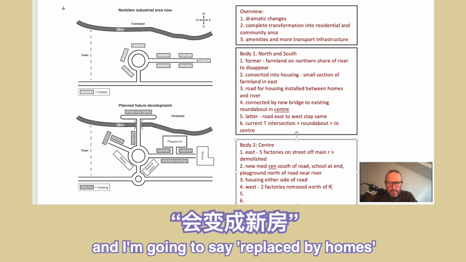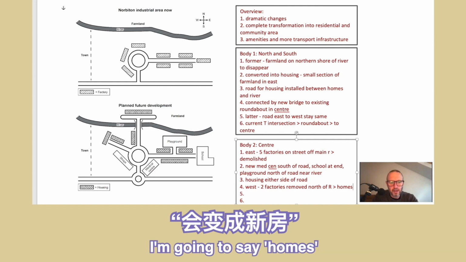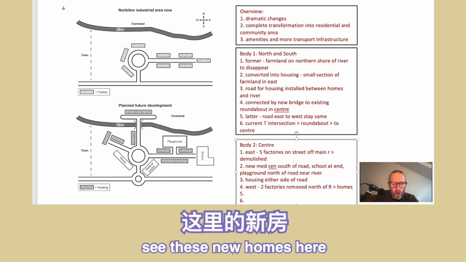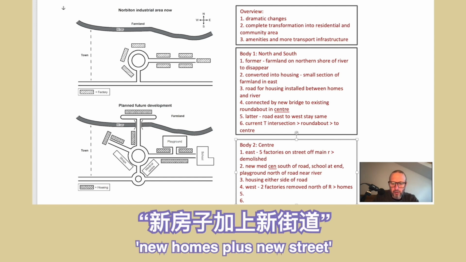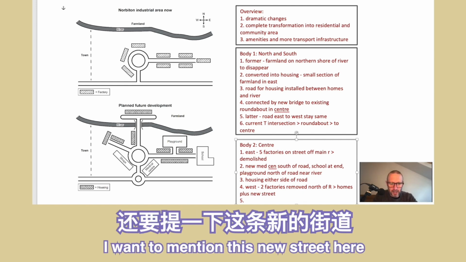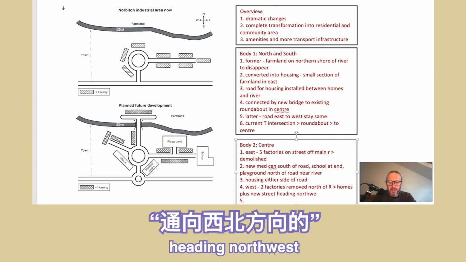And I'm going to say replaced by homes. See, there's new homes here. Yeah. New homes, plus new street. There's a new street here. I want to mention this new street here, heading northwest.